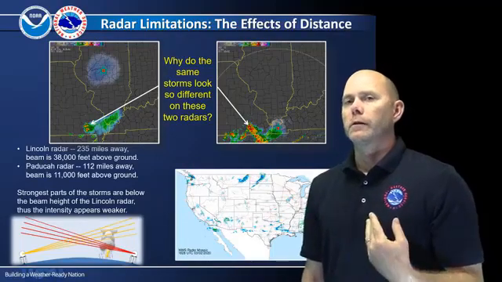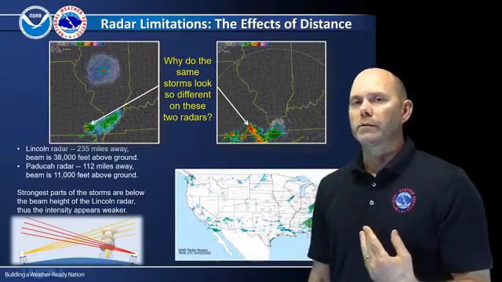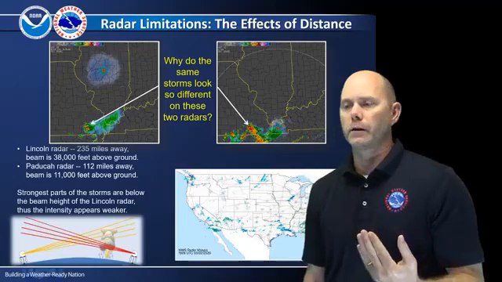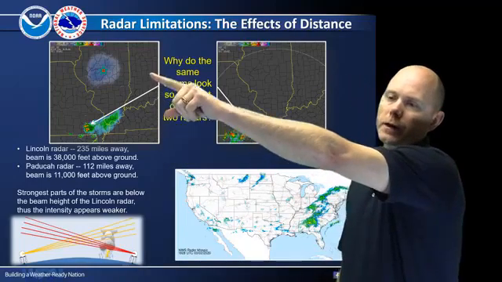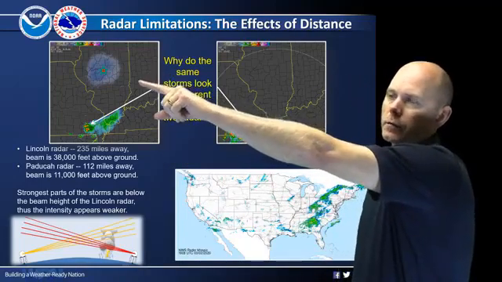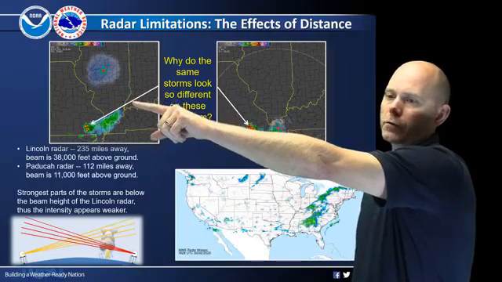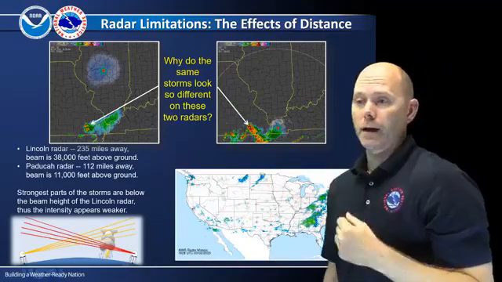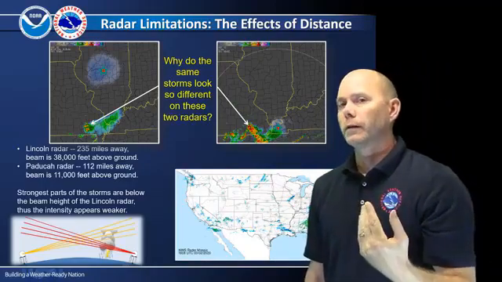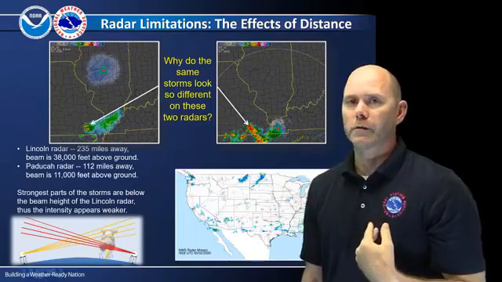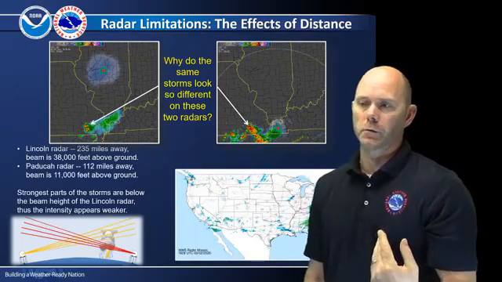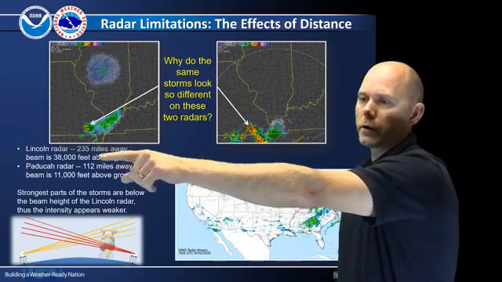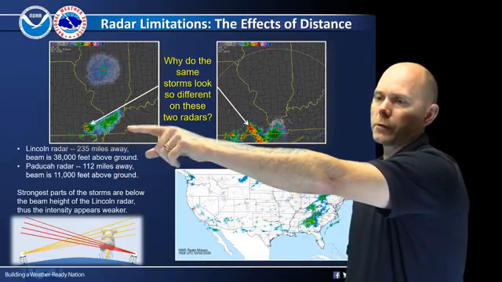You really want to know your location, where your radar is with respect to the weather that you're looking at. This is a case where a radar is up in central Illinois, and it's looking over 200 miles away at storms in southeast Missouri. That's really too far away for meteorologists to be doing a close examination of storms, because in that instance, that weather radar is just seeing the very tippy tops of those storms.